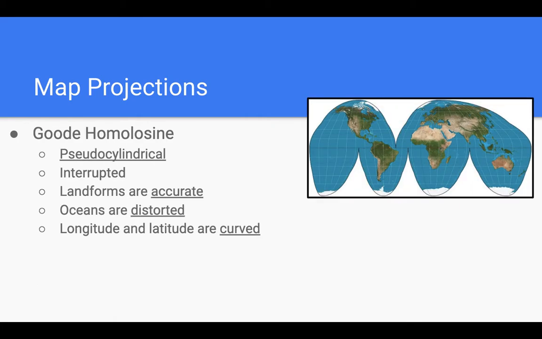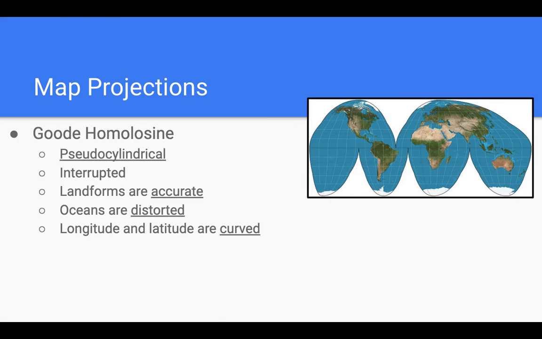The next projection is called Goode Homolosine, and this is an interrupted map. So with this one, the landforms are almost exactly accurate. But obviously the oceans are interrupted. So this is a tough one to actually use. Interrupted maps will show things a little more accurately, but it's harder to use them.